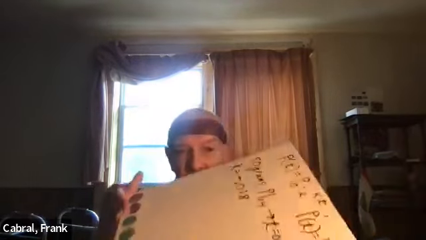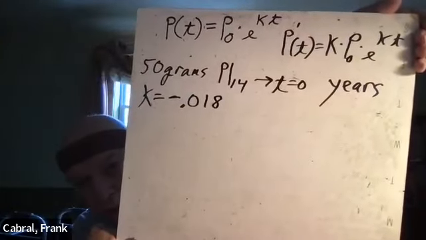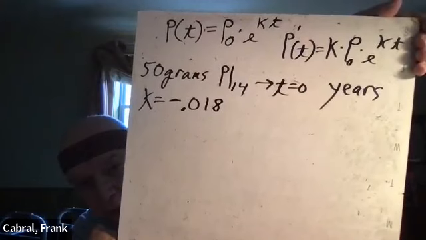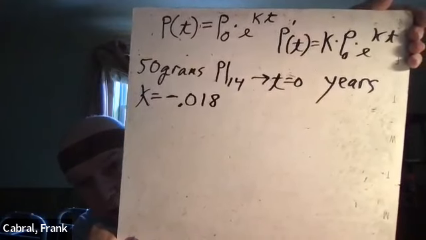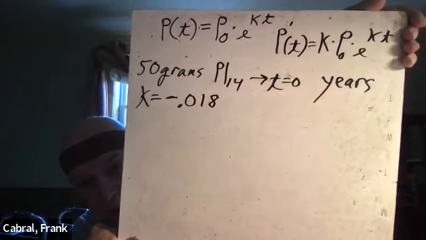So we have 50 grams of this radioactive material at T equals 0 years. That's the initial amount. And the decay rate is negative 0.018.